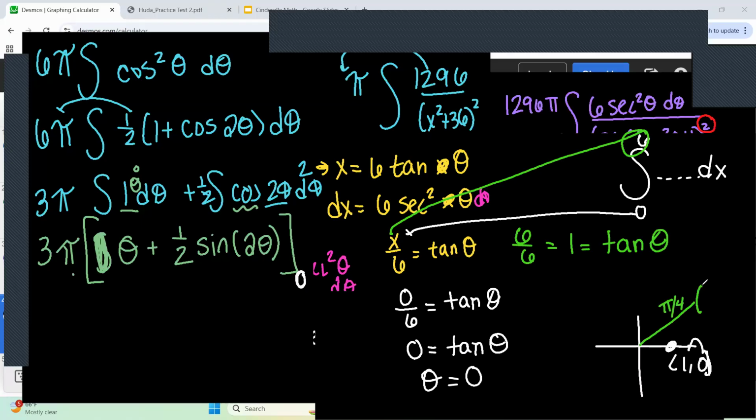Because that point is root 2 over 2, root 2 over 2. So if you did y divided by x, that's root 2 over 2 divided by itself. So that is 1. So theta, in radians, is pi over 4. So that's going to be our upper bound.